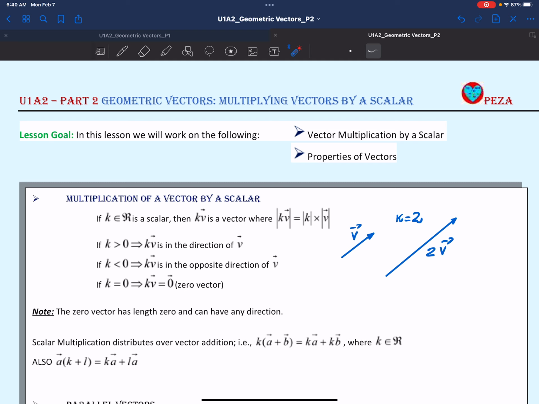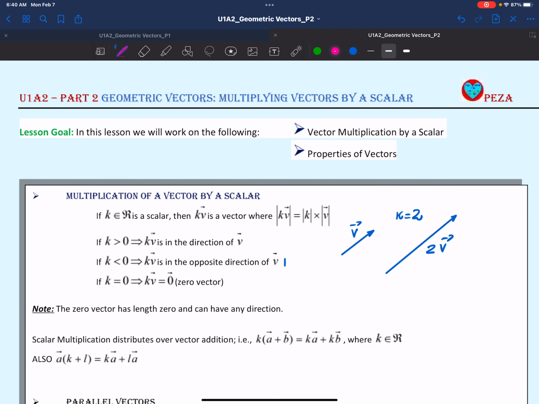Now, if k is a negative number, then vector kv will be in the opposite direction of v. So, for example, again, we're referring to vector v here, but this time we're going to let k equal negative 1.5. So that means that the length of vector kv will be 1.5 times the length of vector v, and the direction will be exact opposite to vector v.